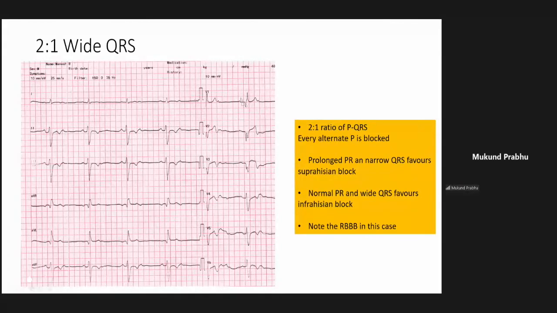If QRS is wide and the PR is normal, probably we are dealing with the infrahisian level of the block, which is more ominous. Whereas if PR is long and QRS is narrow, it's likely to be at the suprahisian level. In this case, there is also coexisting right bundle branch block. It's a 2:1 block with wide QRS, and probably there is a bad prognostic sign.